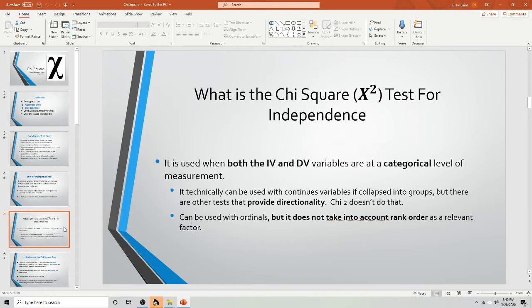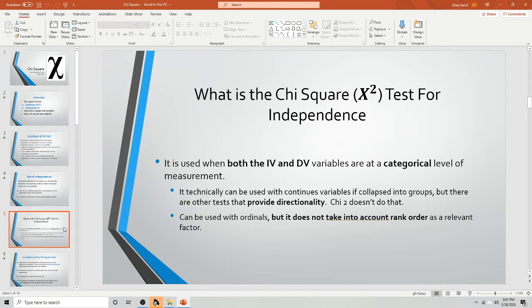Now, there are a couple of problems that I should note, and I'm going to give you a laundry list of limitations of the chi-square tests in general, but specifically for the test of independence, it doesn't show directionality. That can be hard for hypothesis testing, because in order to prove a relationship between an independent variable and a dependent variable, you have to show which one is the dependent and which one is the independent.